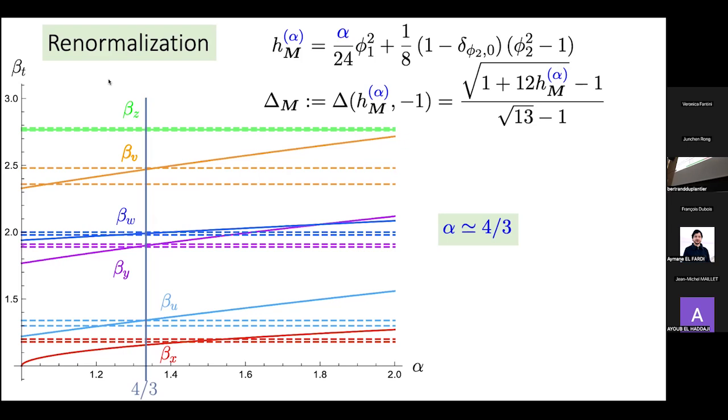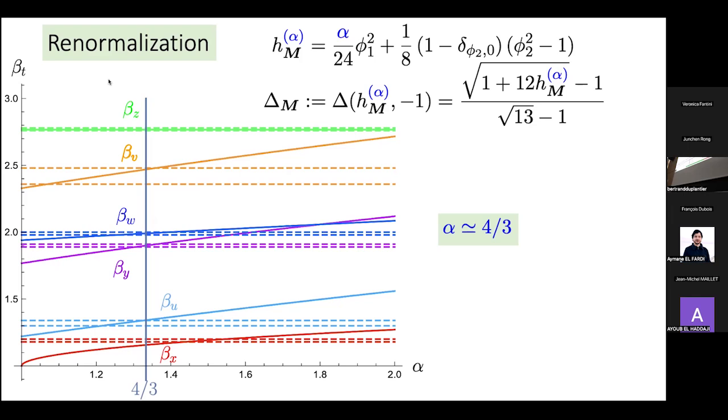And if you increase, you see that you have your error bars. So you have a possibility to cross all the error bars, more or less, except for one, which is beta X. This one is not good. But all the other ones here, for alpha called 4/3, they seem to fit. They are in the error bars. So I said, well, maybe the real answer is to put 4/3.